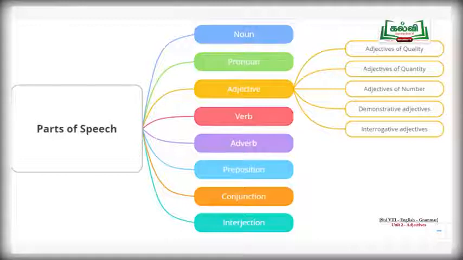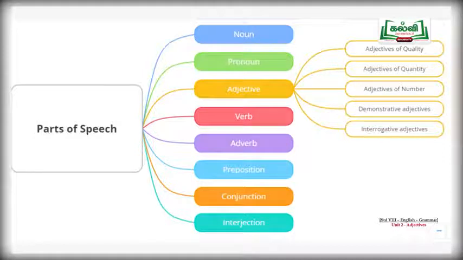Now, let us sum up. We have learned the following things in this class. Parts of speech. There are 8 parts of speech in English. As you know very well, it starts with a noun and then pronoun. Third one, adjective. Fourth one, verb. Fifth one, adverb. And sixth one, preposition.